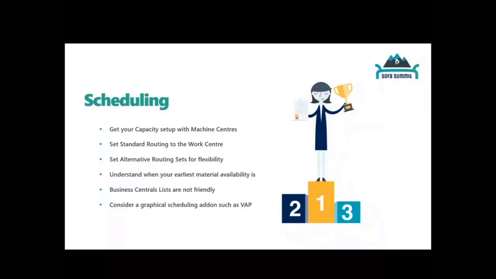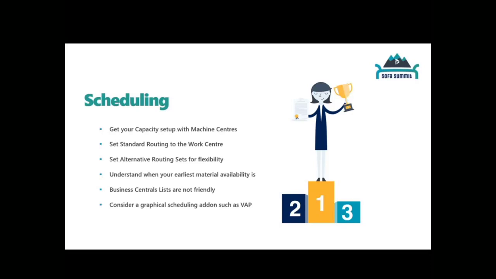They do what I just did, which is look at the percentage loading and go 133, that's not possible. What are we going to juggle? What overtime are we going to add? And how are we going to move things around? The alternative routing set, putting it on a machine that you don't normally use, but you can use where you need to, is a classic use for that.